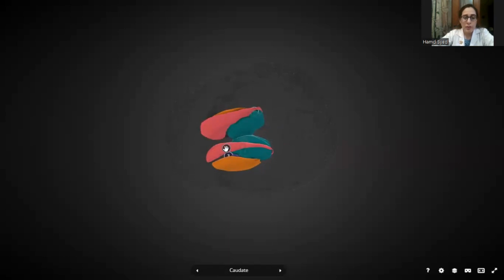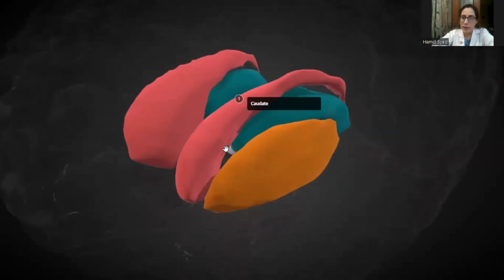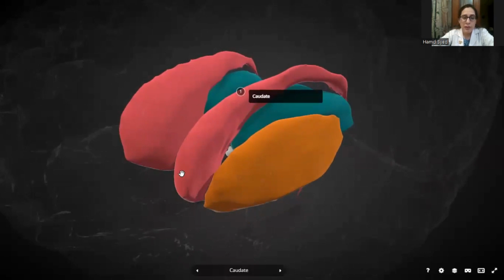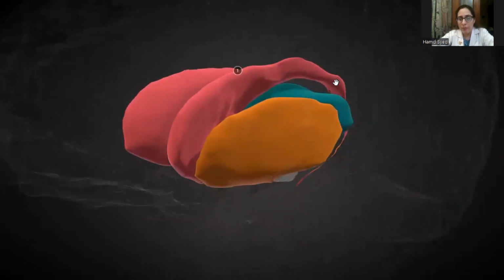So let's zoom in onto the caudate nucleus. And here we can see the anterior portion is the head of the caudate nucleus. And this here is the body of the caudate nucleus, which then posteriorly it tapers into a tail.